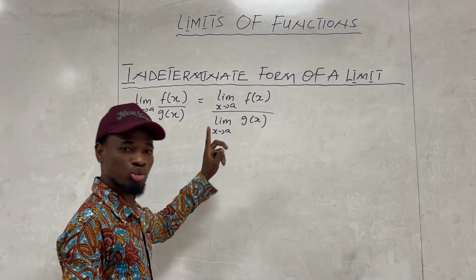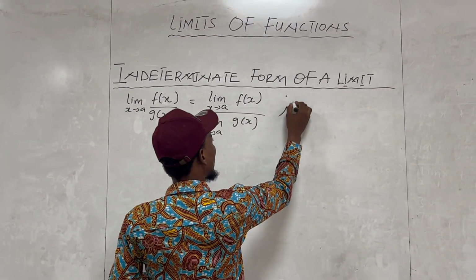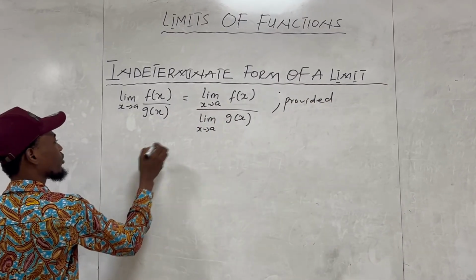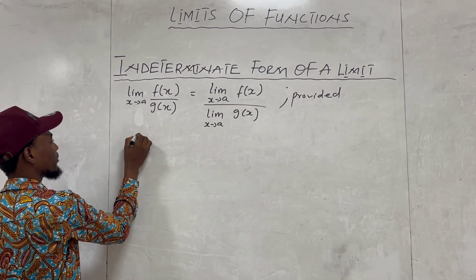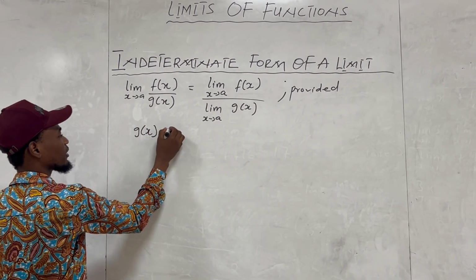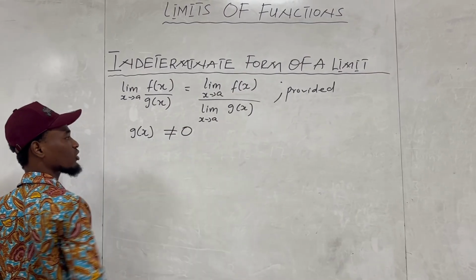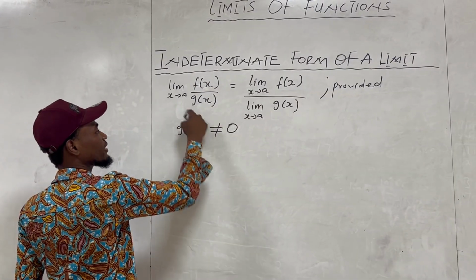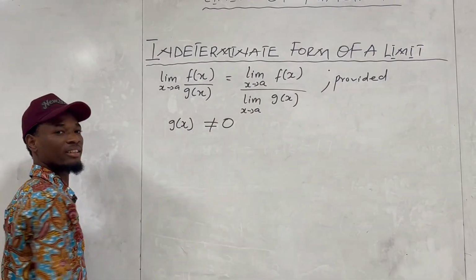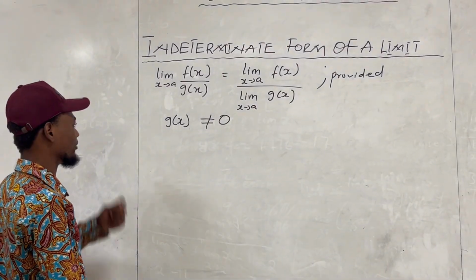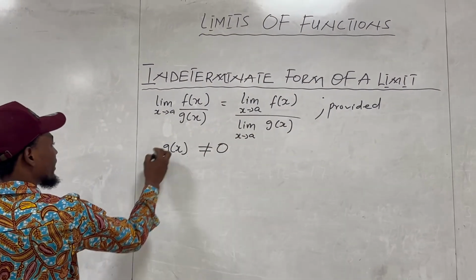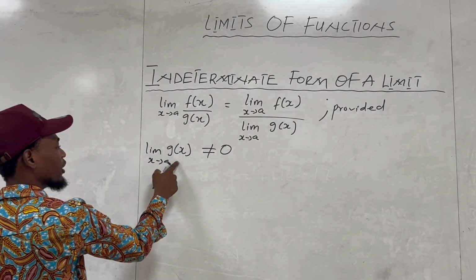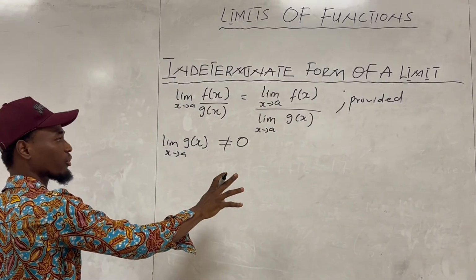This is valid provided the denominator, g of x, does not go to 0. Because when the function goes to 0, it becomes undefined. So, provided the limit as x approaches a of g of x is not equal to 0.